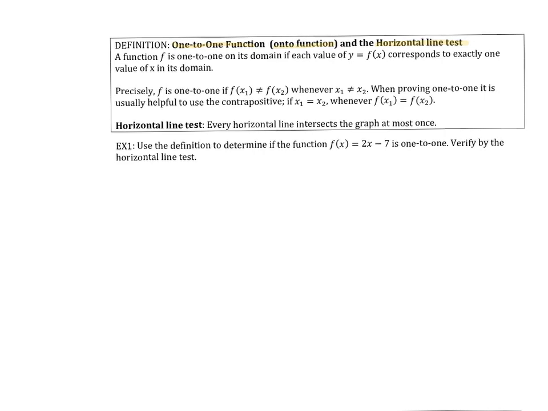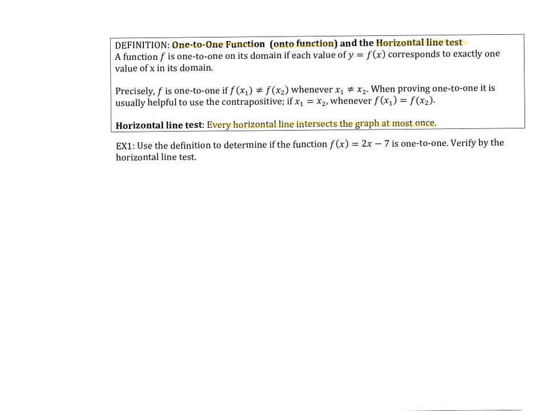So remember, a function passes the vertical line test, but a one-to-one function, or a function that actually does have an inverse, will pass the horizontal line test, meaning that every horizontal line will intersect the graph at most once.